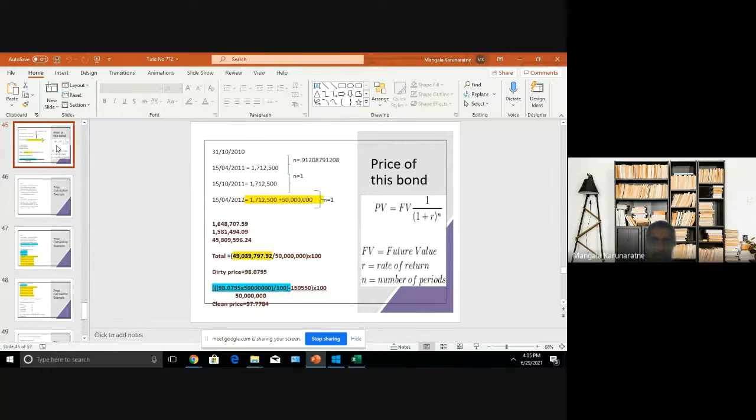So if someone sells this bond on 1st of July or 1st of January, what will happen? There won't be any accrued interest. So the clean price is the price which will be taken as the consideration for this transaction. That is the settlement amount for this transaction.